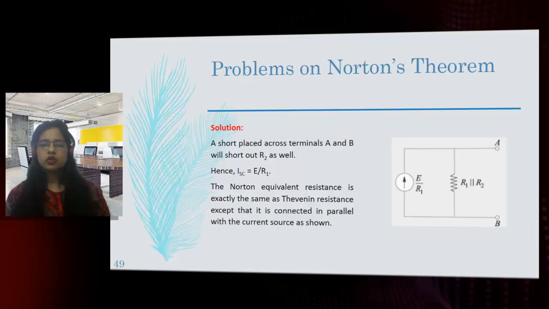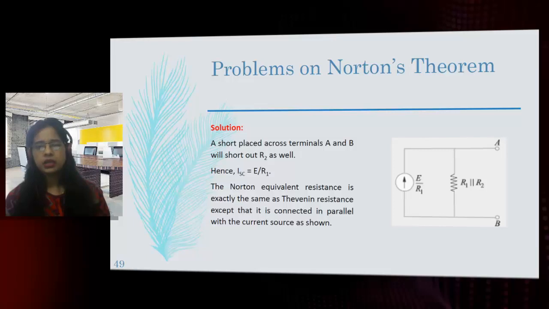Okay, so before going to the application of Norton's theorem, let me very briefly describe what Norton's theorem is. In very simple language, Norton's theorem says that any linear bilateral network can be converted to a current source in parallel with the internal resistance of the circuit.